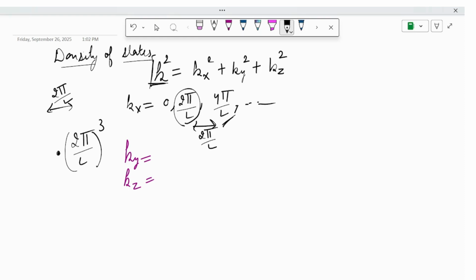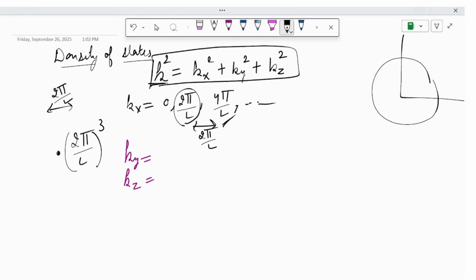And taking k as radius, if I draw a sphere in k space, here is kx, here is ky, and here is kz. So a sphere of radius kf, because here we are talking about 0 Kelvin, so we will take only the highest level to be the Fermi level, and the wave vector associated with that level will be kf.